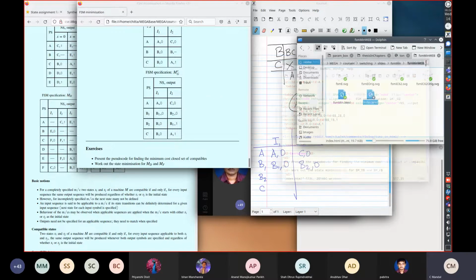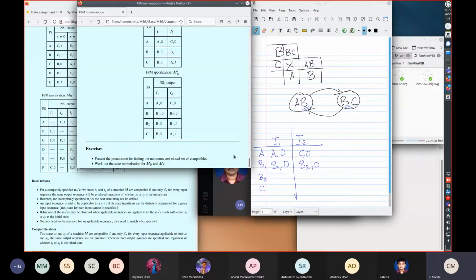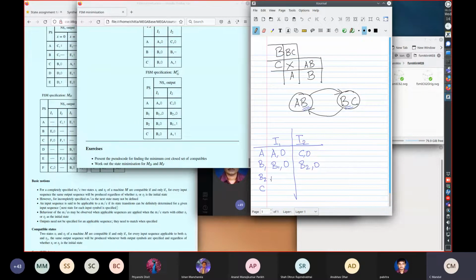All right, so here it is, B with an output of 0. Let me just put a gap there. B with an output of 0. Maybe I can move down a little bit.